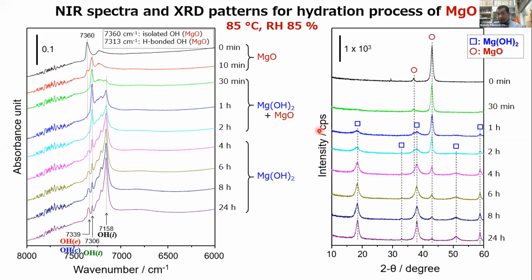And we could also find the MgO phase by X-ray diffraction patterns after 1 hour hydration here. So these spectral changes also corresponded to the phase transition from magnesium oxide to magnesium hydroxide.